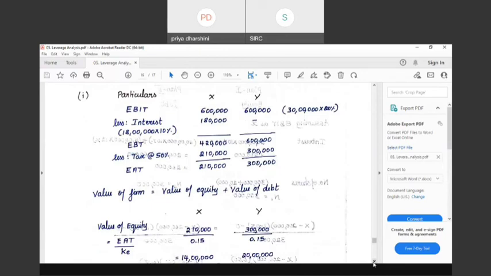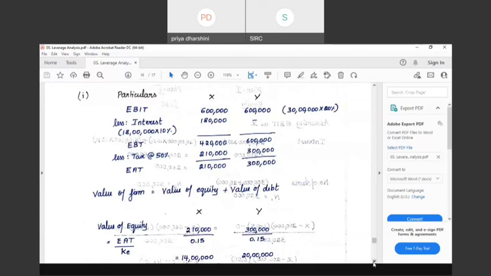Company X has issued 10% debentures of 18 lakhs, while company Y has issued only equity. Both companies earn 20% before interest and tax on their total assets of 6 lakhs. Assume a tax rate of 50% and a capitalization rate of 15% for an all equity company. Compute the value of companies X and Y using net income approach and net operating income approach.